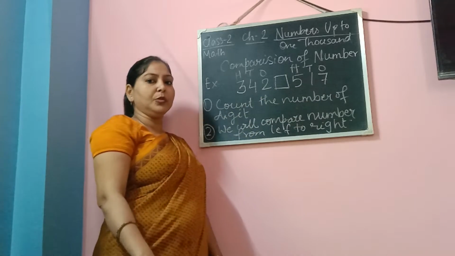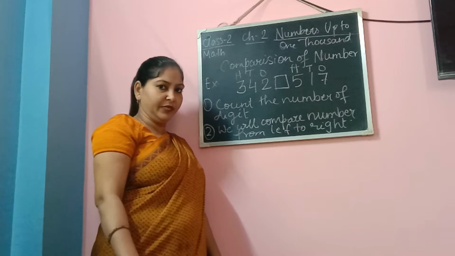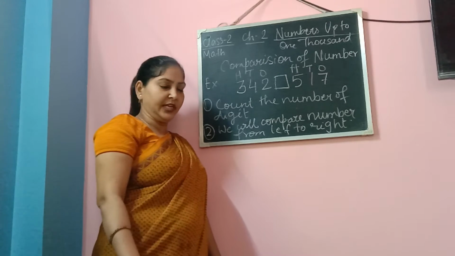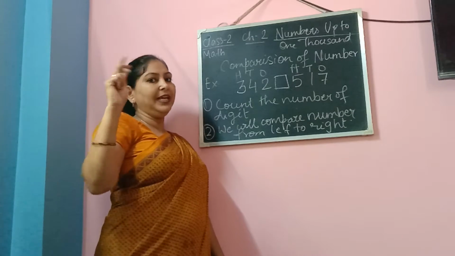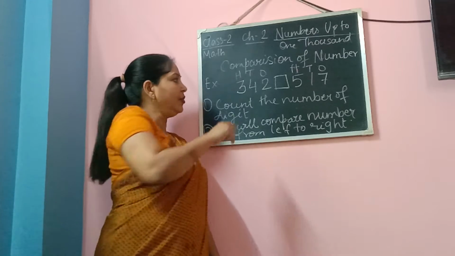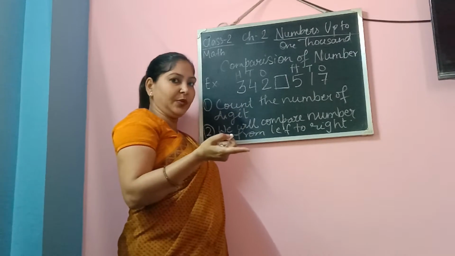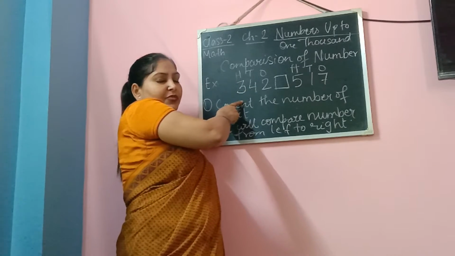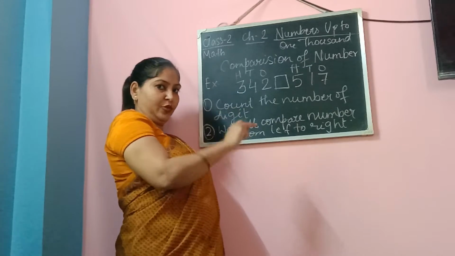So first and foremost, we will count the number of digits. If the number of digits are equal, then we will compare the place values. And from where do we compare? We will start comparing from the highest place value, or in other words, from left to right.